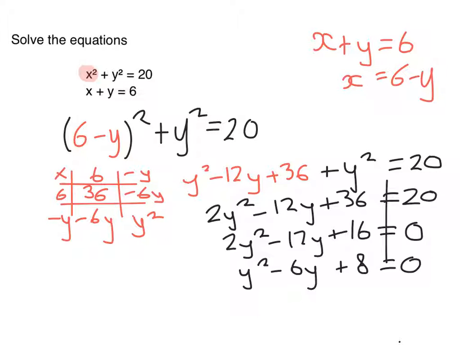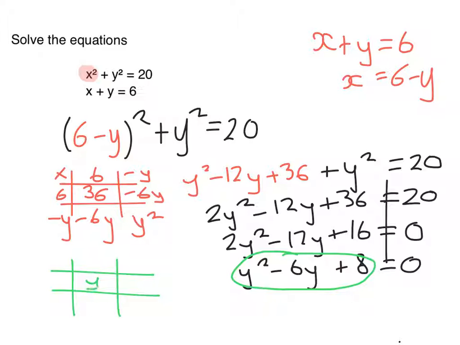And now I can try and factorise that using the grid method. So I'm now going to factorise this here. I know that there's going to be a y squared, which means there's going to be a y there and a y there. I know there's going to be a positive 8 here.